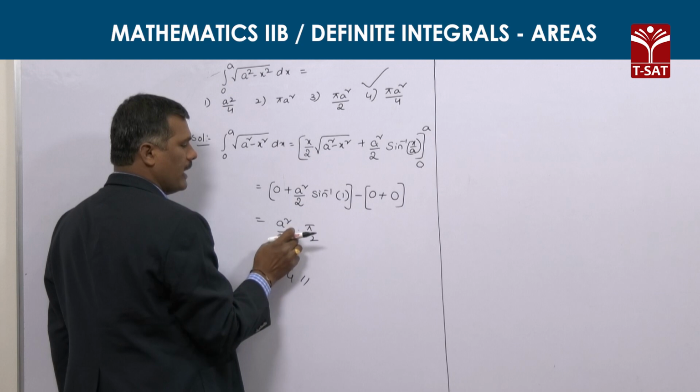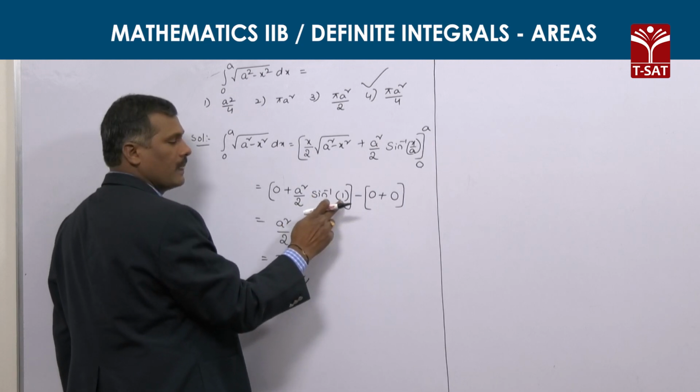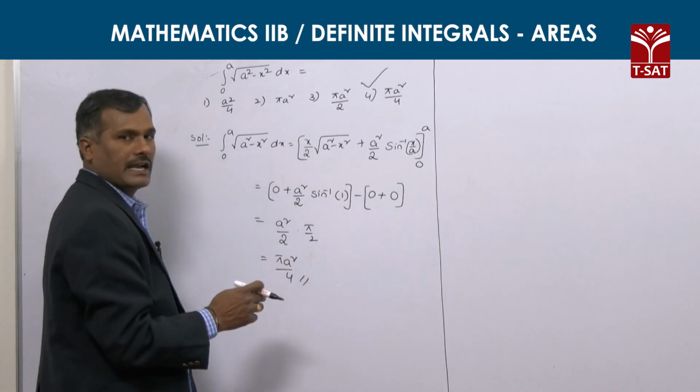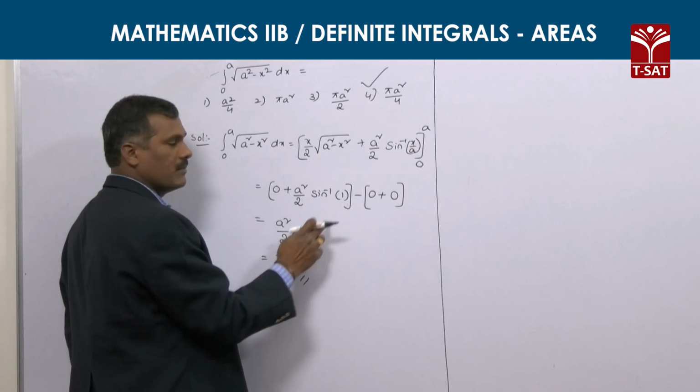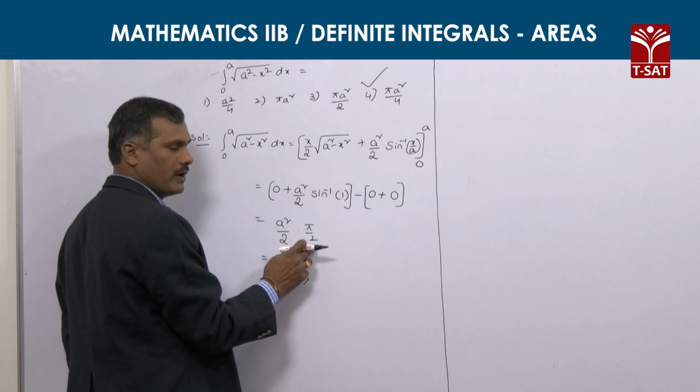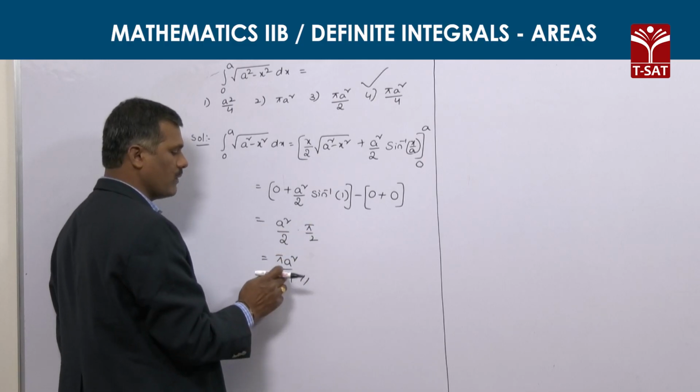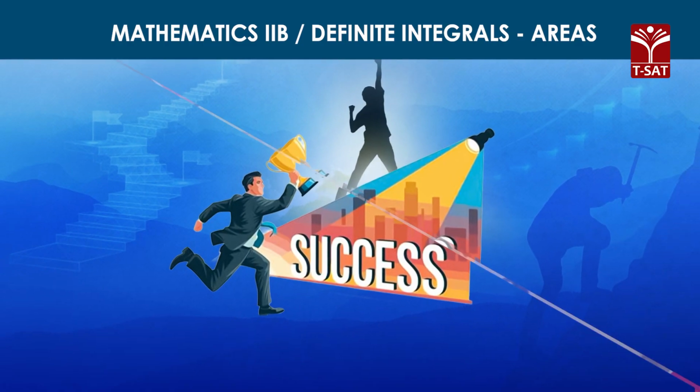Now a square by 2 into sin inverse of 1 can be written as sin 90 degrees, and sin inverse of sin x is equal to x, in place of x here 90 degrees, pi by 2 radians, so a square by 2 into pi by 2 is pi a square by 4.